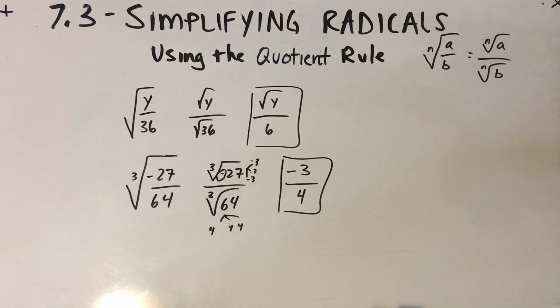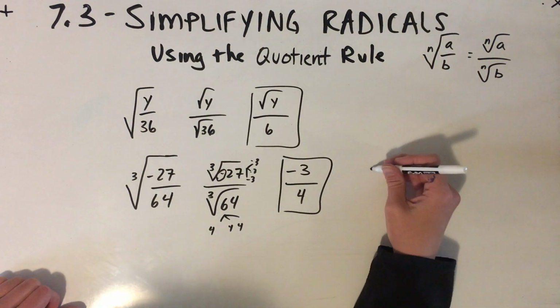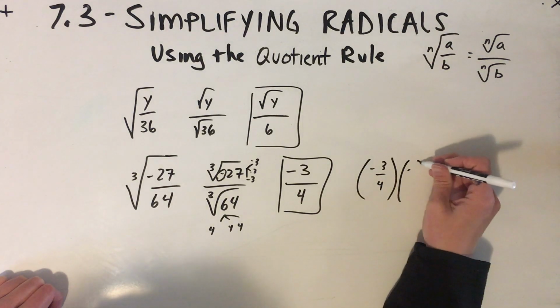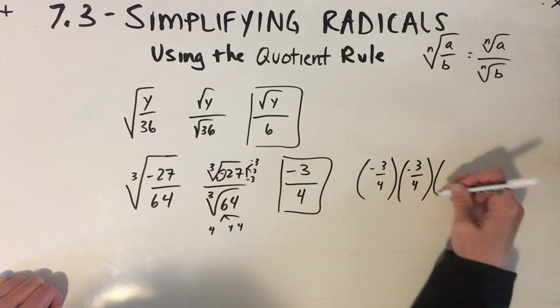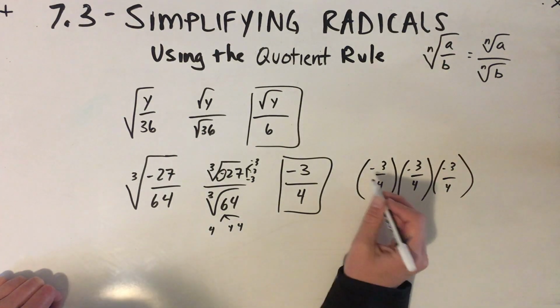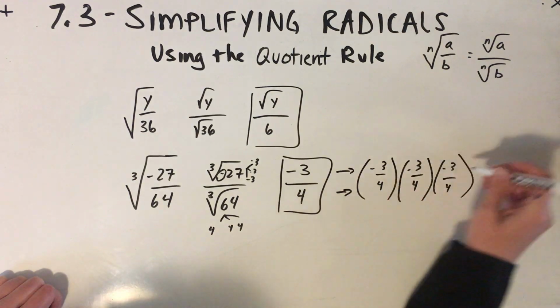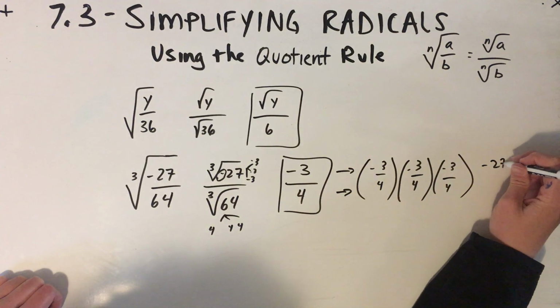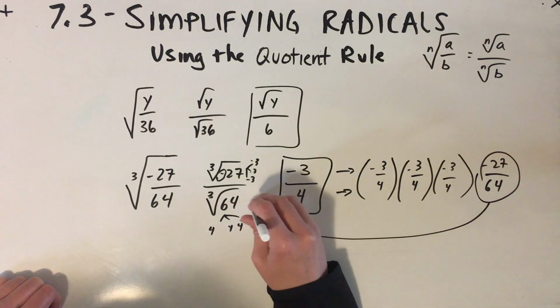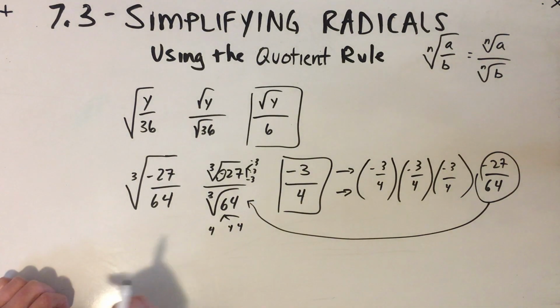Again, what this means is that if I took negative 3/4 and I multiplied it by itself 3 times, I would get negative 27 over 64, the radicand that we started with.